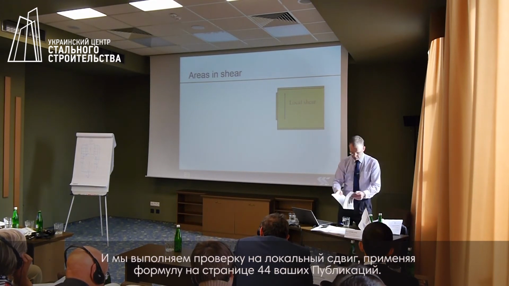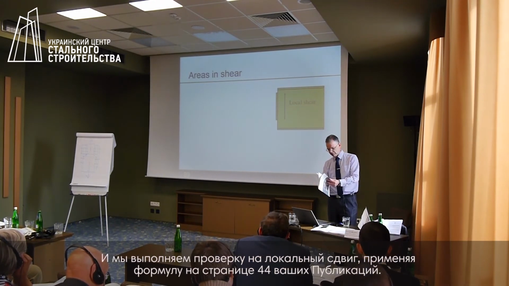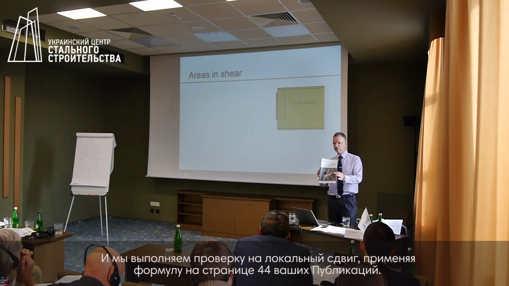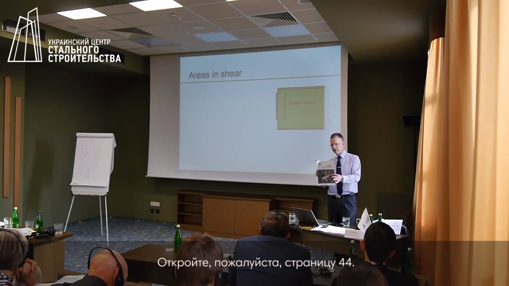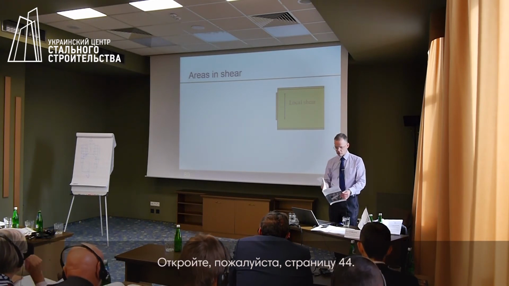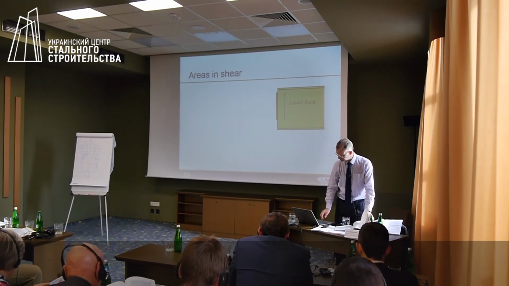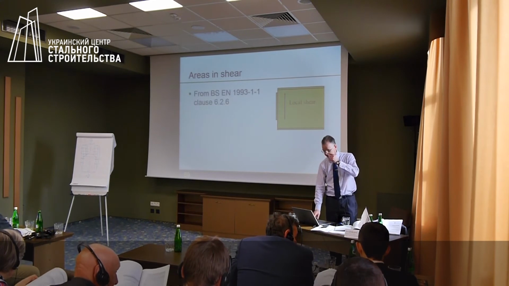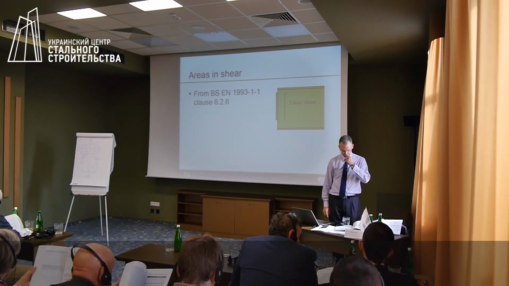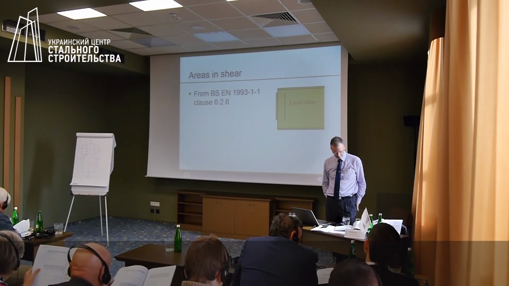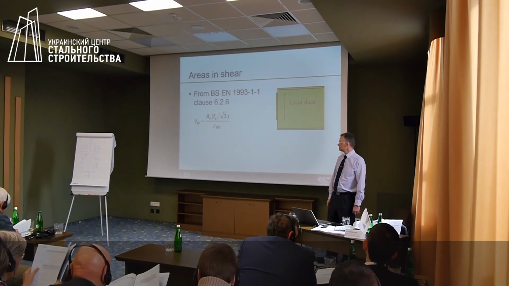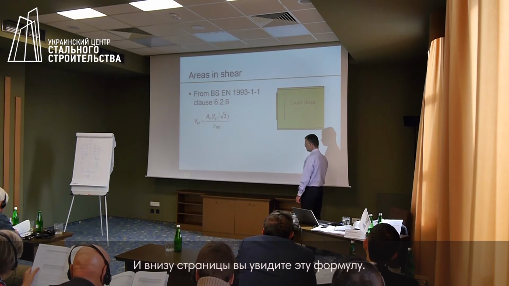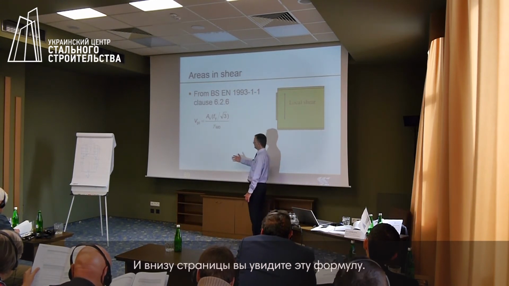And we would check the local shear by using the formula on page 44 of this publication. So maybe you will have a look at page 44. At the bottom of page 44, you will see this formula.